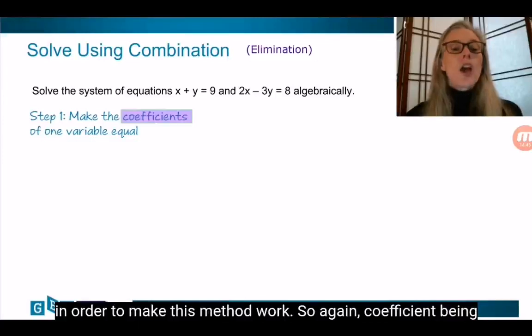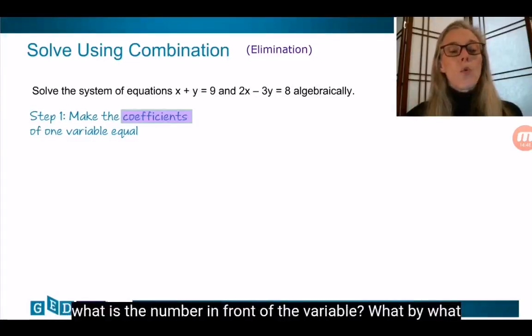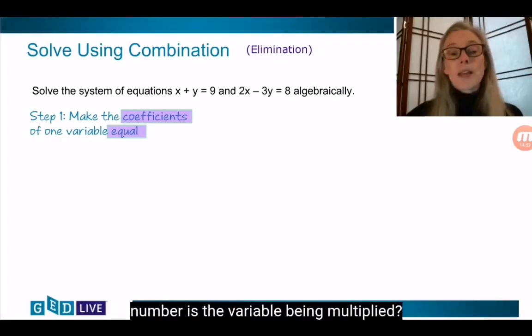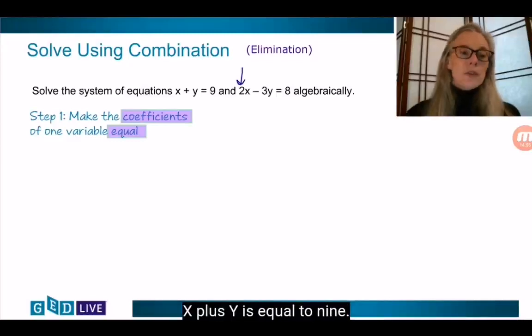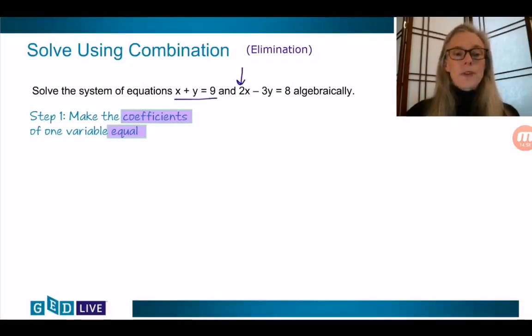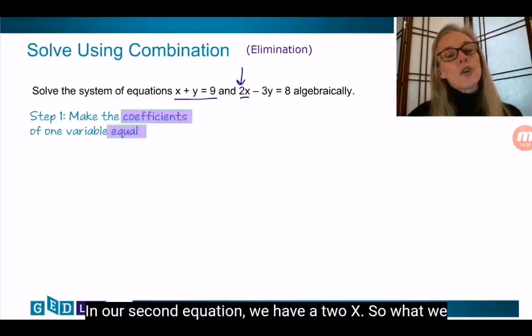So again, coefficient being the number in front of the variable, by what number the variable is being multiplied. In our first equation, we have just x plus y is equal to 9, right? But in our second equation, we have a 2x.